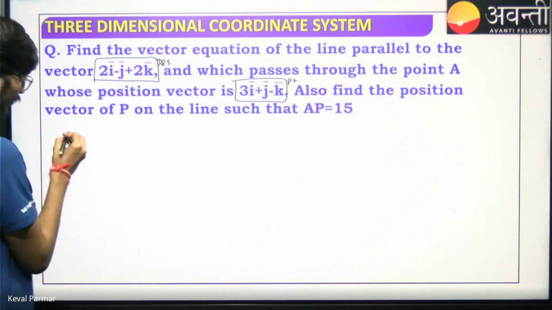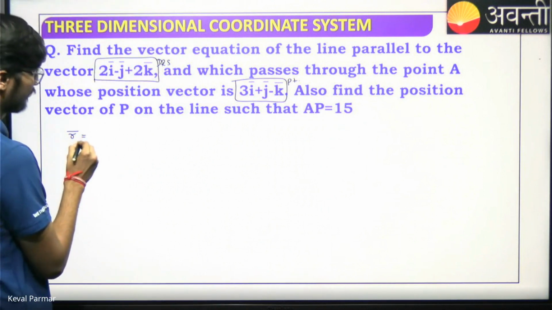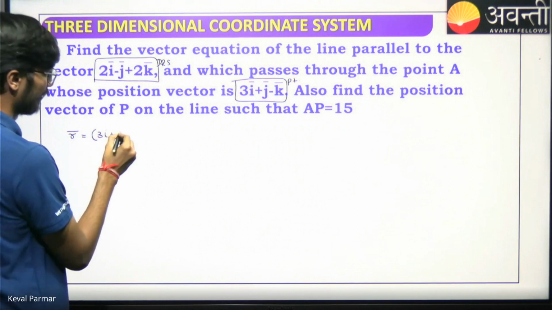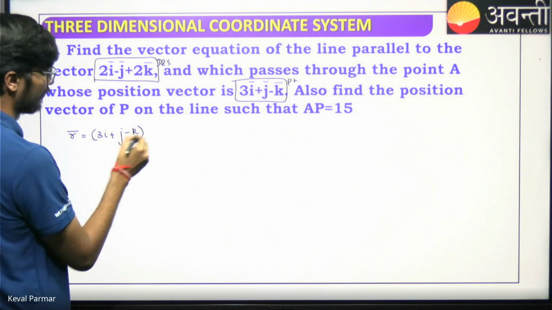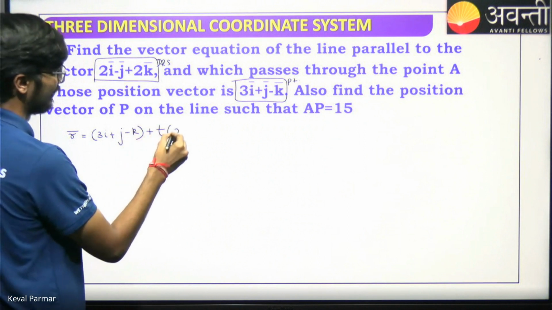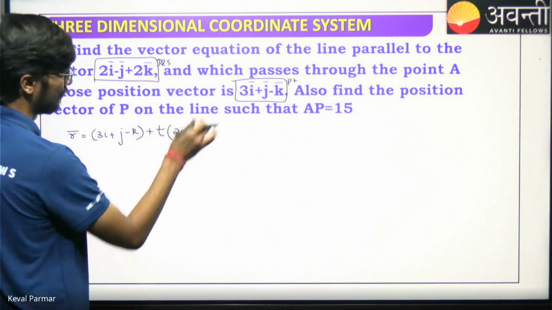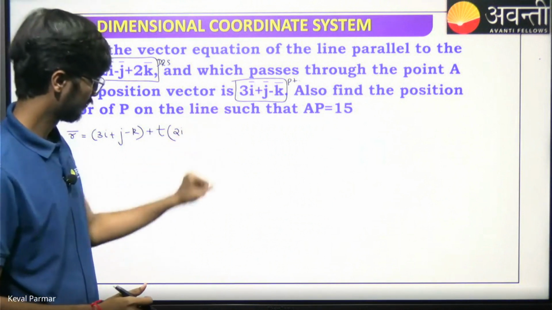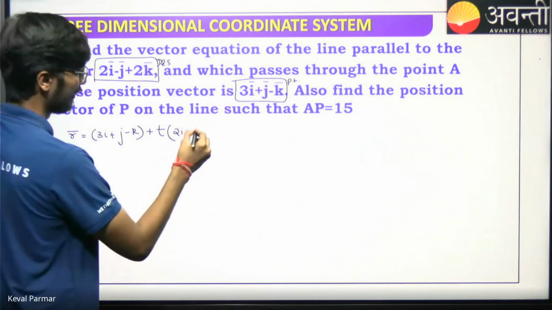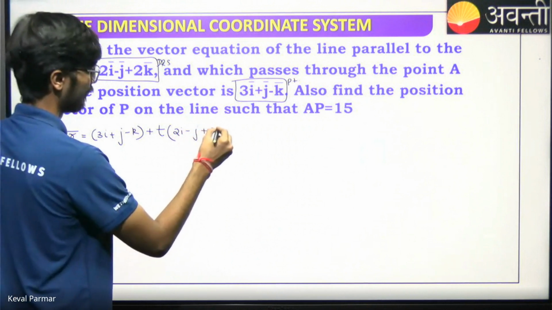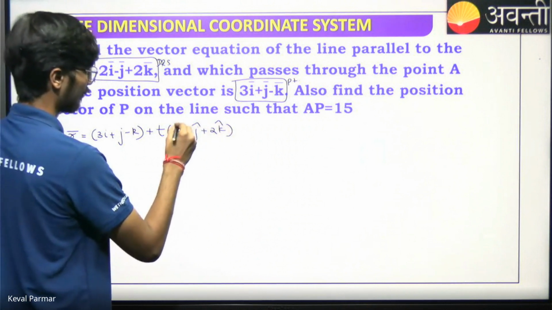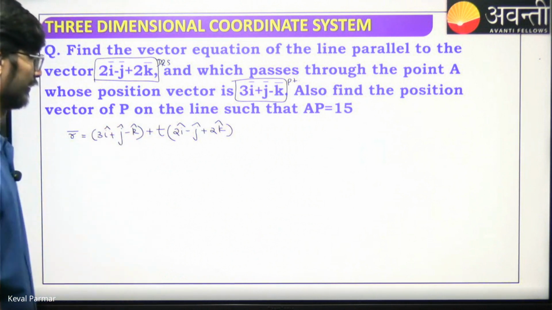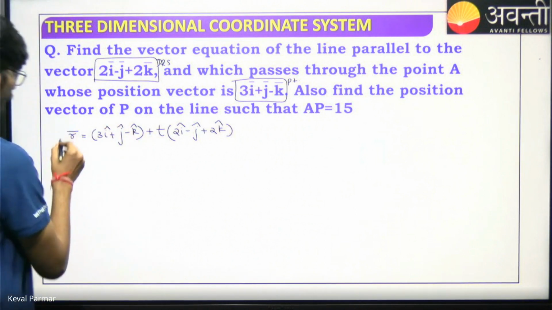So the equation will be r vector is equal to 3i plus j minus k plus t times the DRS, 2i minus j plus 2k. Right. So I got the equation.